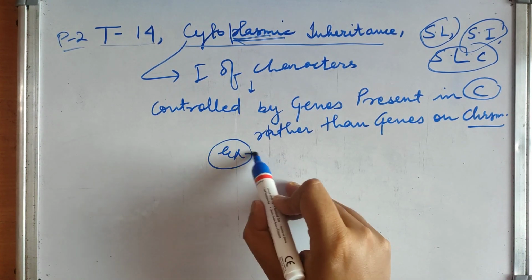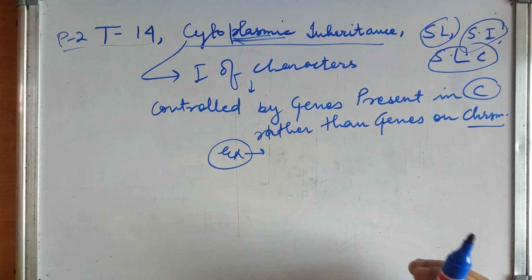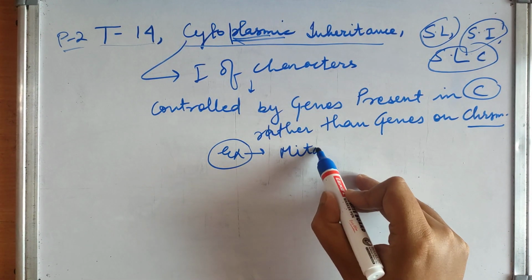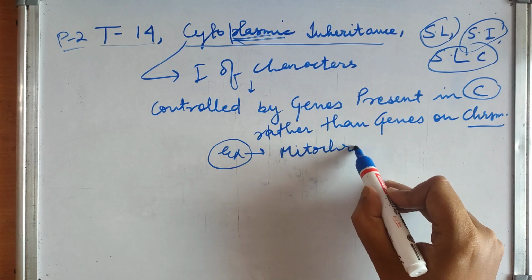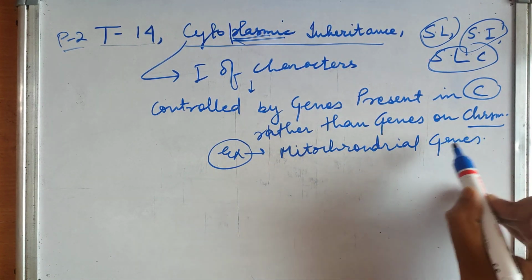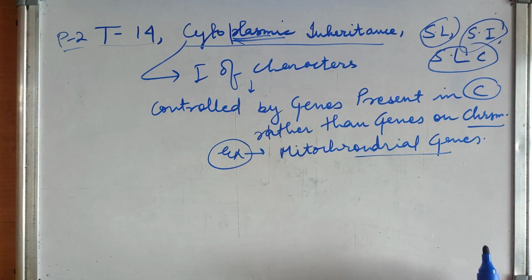For example, in which organelle of cytoplasm can you see genes? You can see it in mitochondria, that is mitochondrial genes. So this is what cytoplasmic inheritance is.